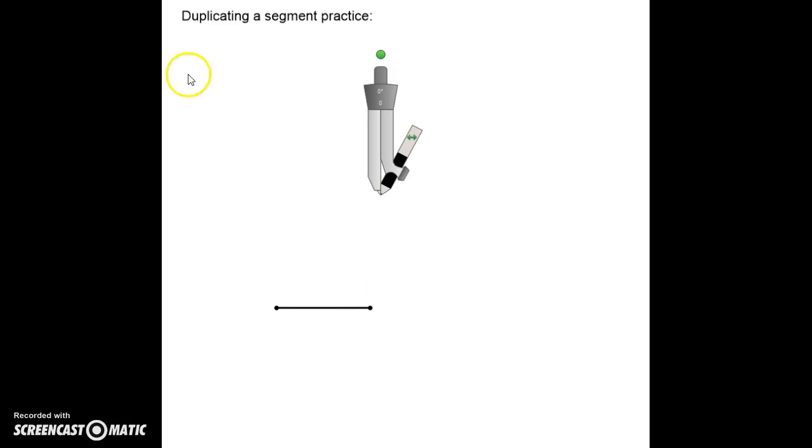And then to create a duplicated segment by construction, you will need to start by using your straight edge. So I'm going to choose my straight edge. I'm just going to make a ray. And I realize that it's easy to see how long you should make it based on eyeballing it, but always make it longer. You'll want to include all of your construction methods for all of the things that you do.